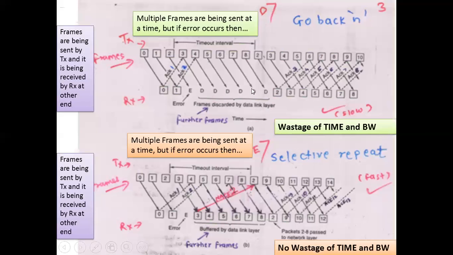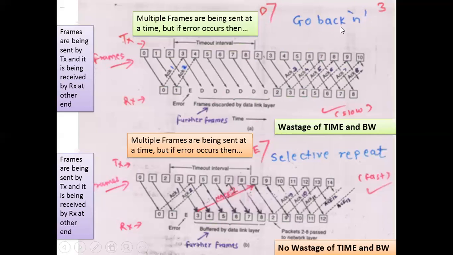Then the second frame is sent again and received, and then the discarded frames: frame 3 sent, frame 3 received, frame 4 sent, frame 4 received, frame 5, up to frame 8 sent and received. So whatever frames were discarded because of the errored frame are retransmitted again. That's why it is called go back n.